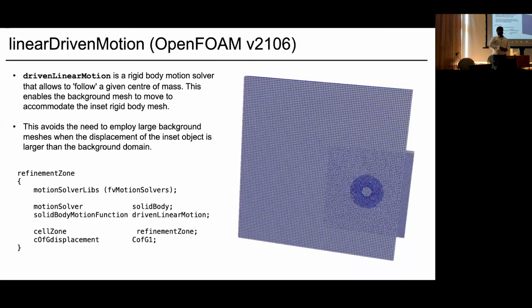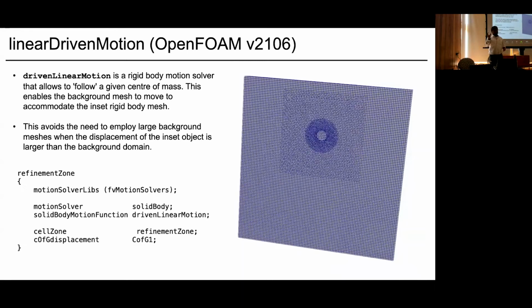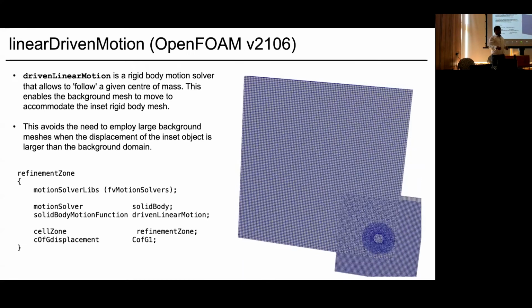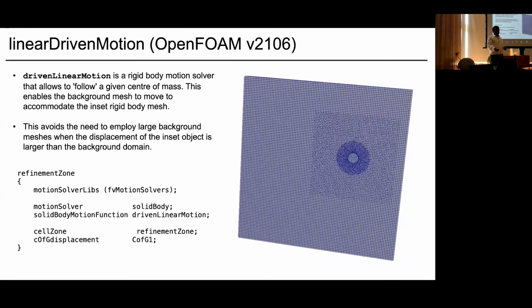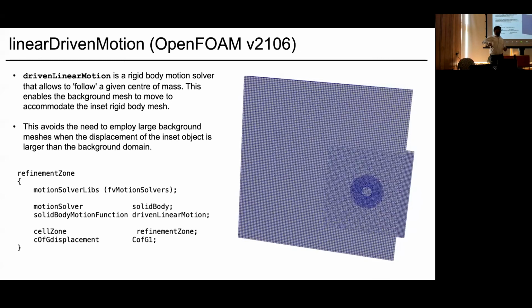The example that I'm showing you is a projectile motion, which is a prescribed motion to the body. But in the refinement zone, I have given this library within the FB motion solvers: driven linear motion, and I mention the C of G, which is center of gravity 1, the same as the body that I have prescribed.